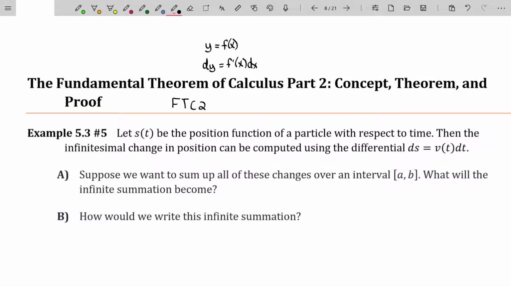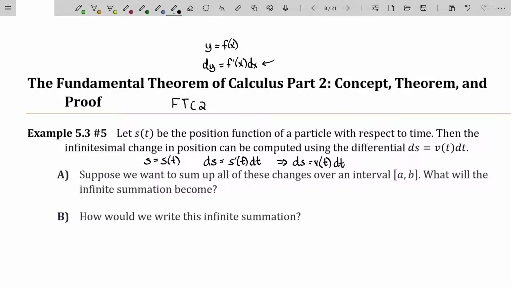So s is equal to some function of time, which tells us that ds is s prime of t times dt, just by using the same exact logic. Of course, s prime is the rate of change of position with respect to time, which is a velocity function. And that's why I say ds is v of t dt, because the derivative of position is velocity.